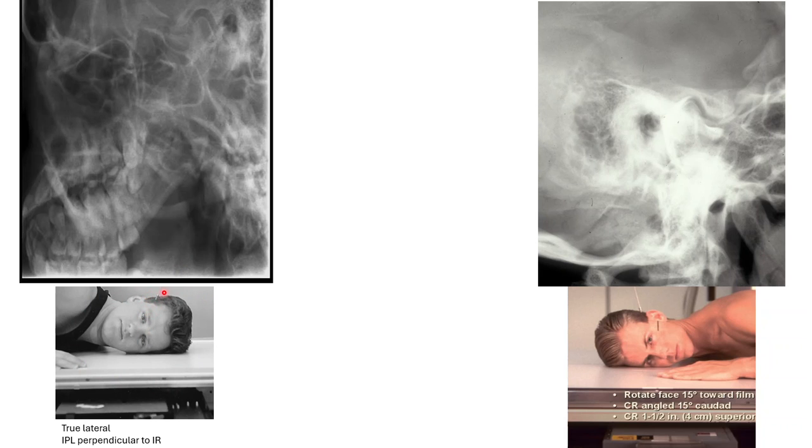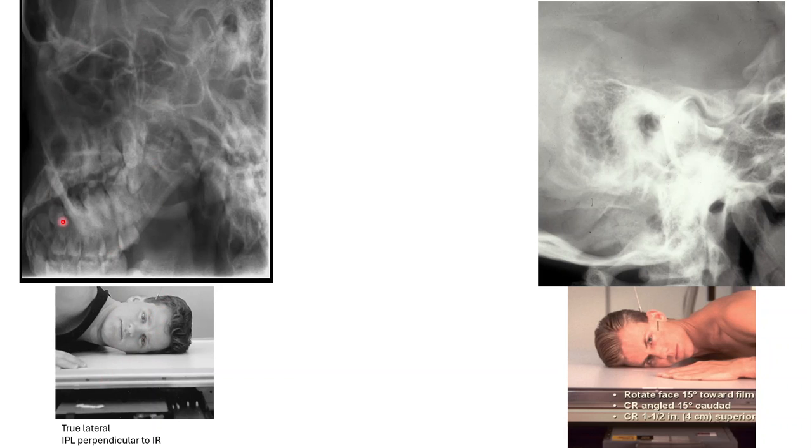We'll be projecting the TMJ that is not of interest down inferiorly so that the TMJ of interest that is touching or closest to the IR will be left superior on our image. So this is Schuller positioning, patient in a true lateral with a 25 to 30 degree caudal angle.